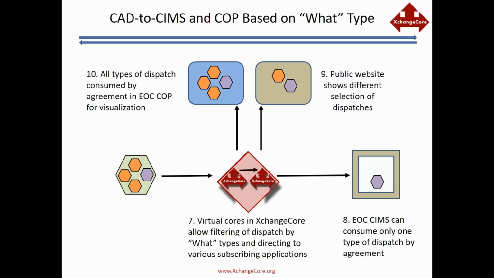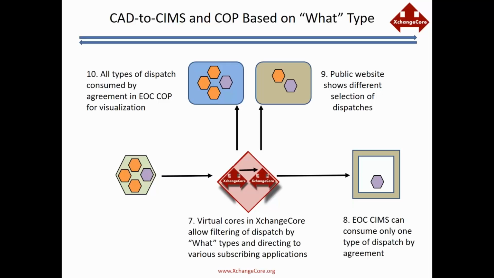So I can write those rules between two virtual cores, which allows on the right-hand side, number 8, my EOC to only get one type of dispatch, or the selected types of dispatch that it chooses.